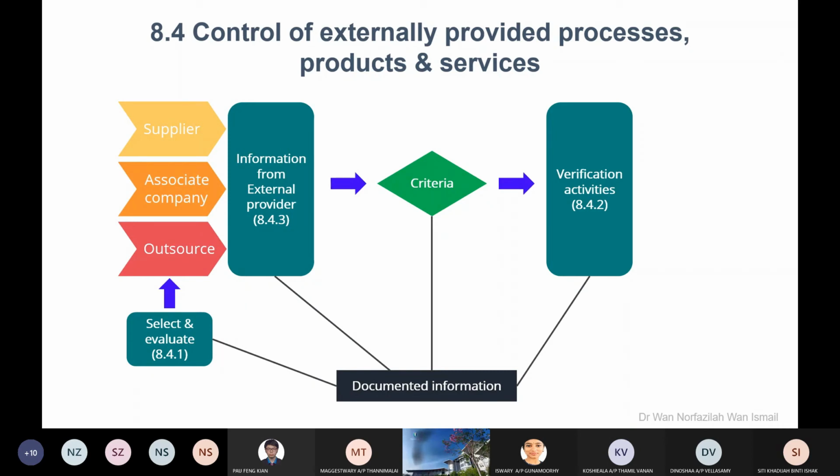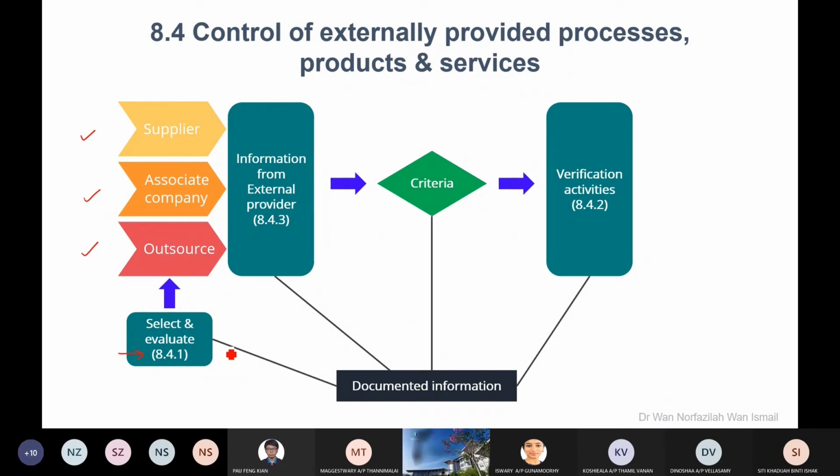And the requirements for this supplier, associate company and outsource: you need to follow subclause 8.4.1, select and evaluate. Based on ISO 9001, you cannot simply say that supplier is my old friend, so I'm going to deal with him to supply our raw materials.